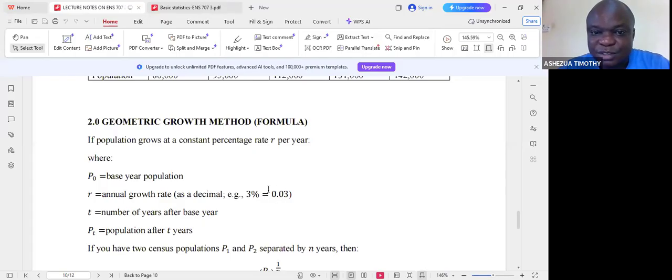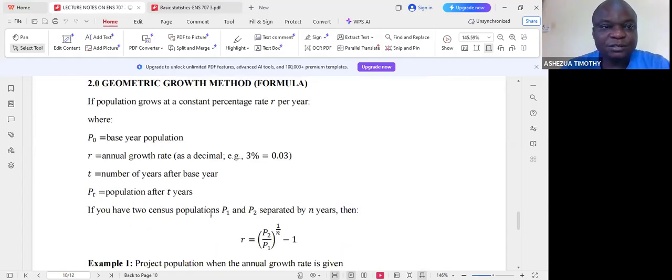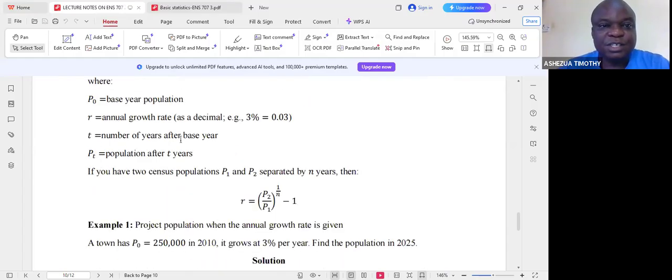And how you get this 0.03 is 3 divided by 100. T is the number of years after the base year. And P subscript T is the population after T years.